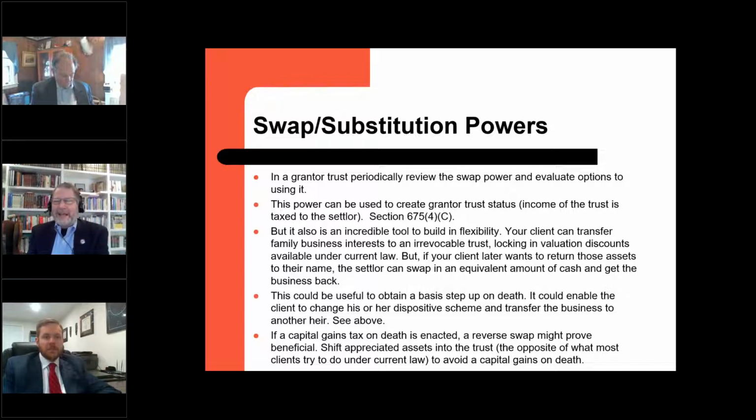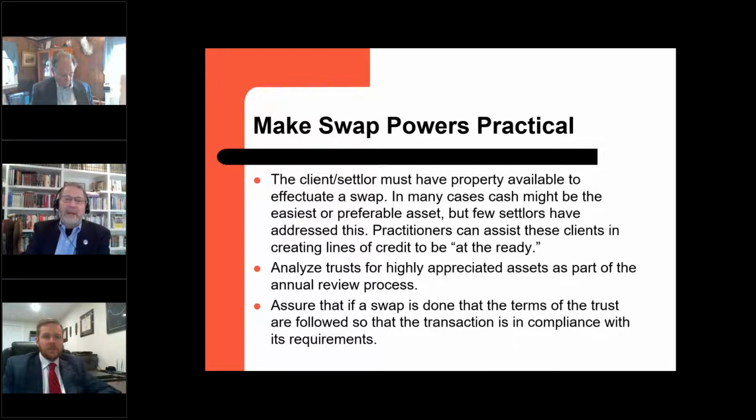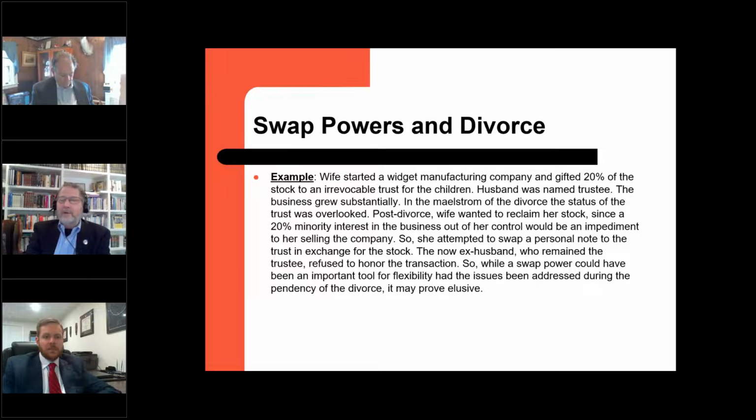For example, we've had this: Dad put a business in trust, son was running the business, and son wanted to be involved in the business, and Dad structured a trust that was not very flexible and had this business in it, and he was going to benefit the trust and so on. And we swapped the business back out, and then he regifted it and changed the whole dispositive plan. So think of it in fairly broad terms.